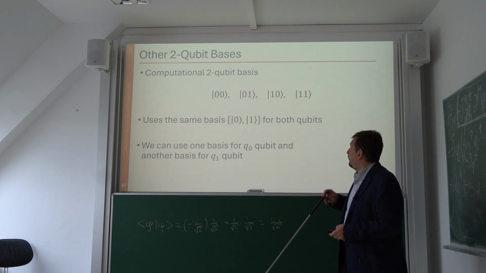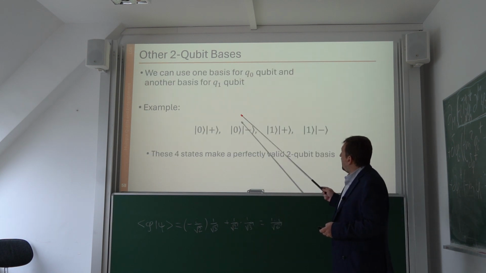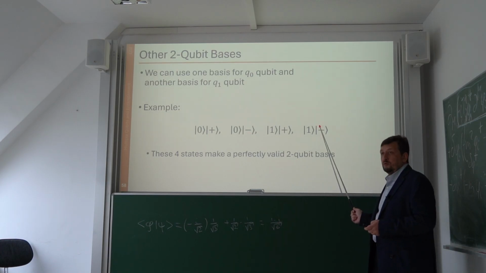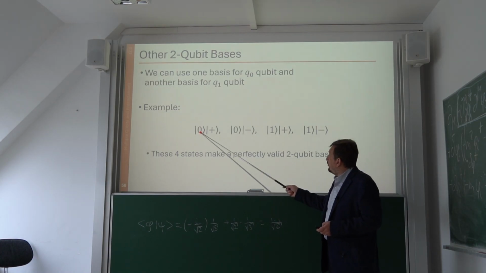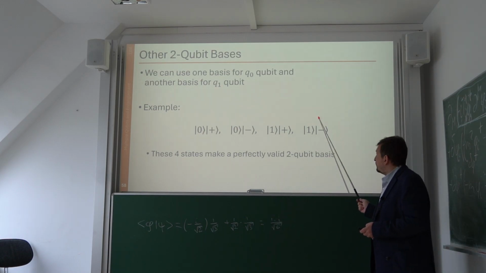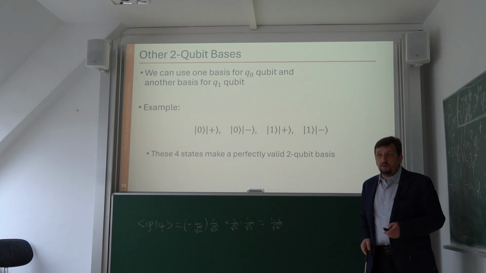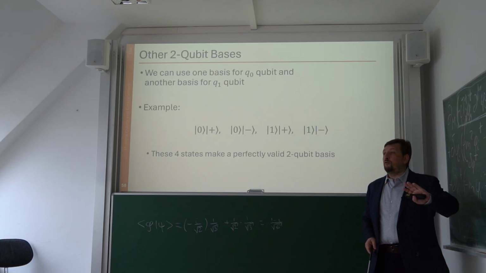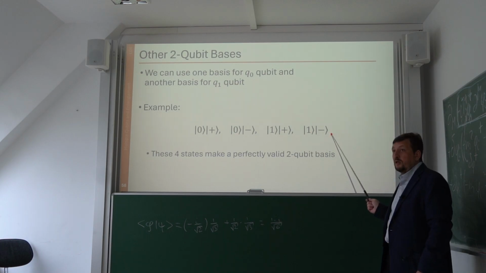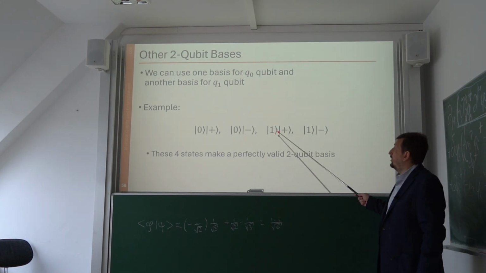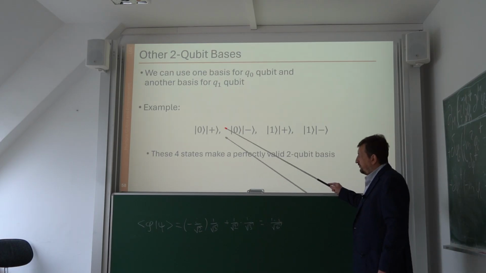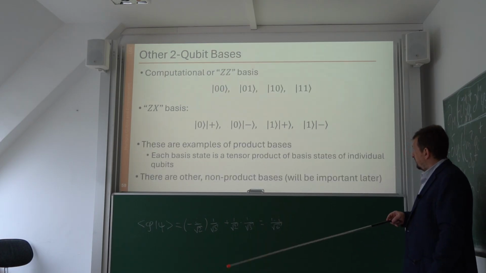For example, for qubit number 0, I use the X basis, states plus or minus, but for qubit number 1, I use 0 and 1. These four states also form a basis, and again it is an orthogonal basis. So if you have two states written in a basis like this, and sometimes it is more convenient, you again can calculate all the scalar products as with the usual basis.